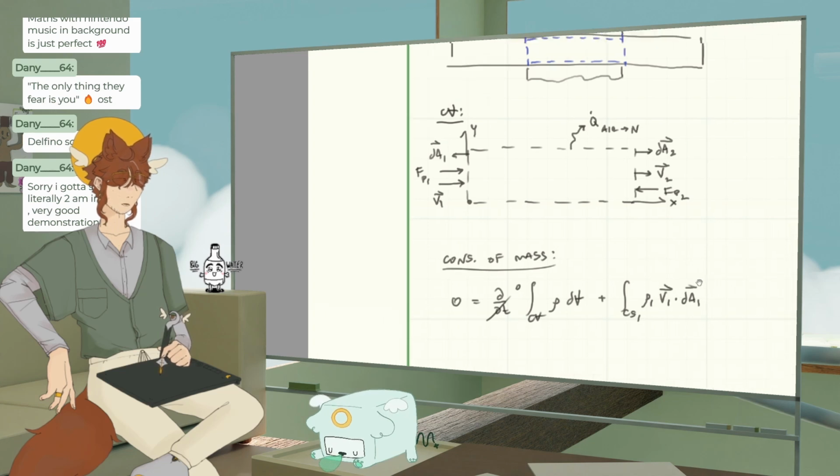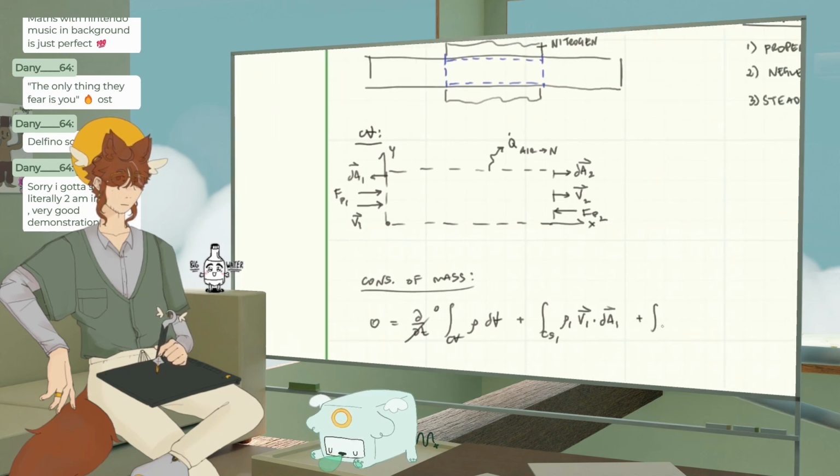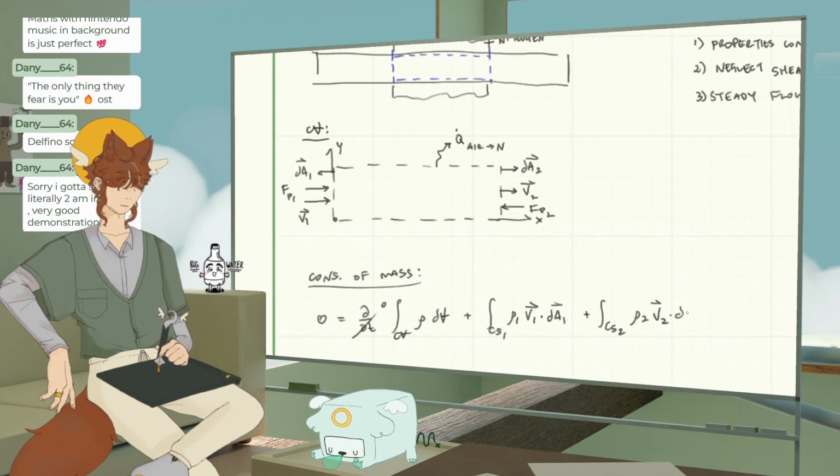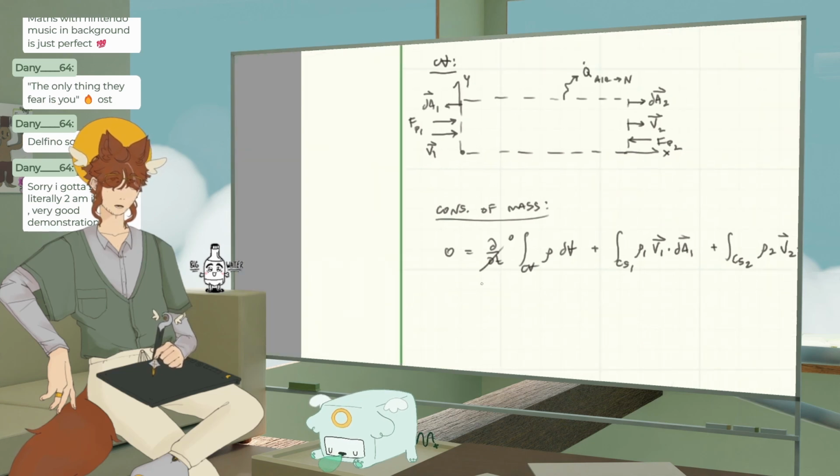It's going to be different densities, and that's why we check our stuff. A2. This is going to be a negative, this is going to be a positive, and then we get rho 1 V1 A1, or rho 1 V1 equals rho 2 V2.